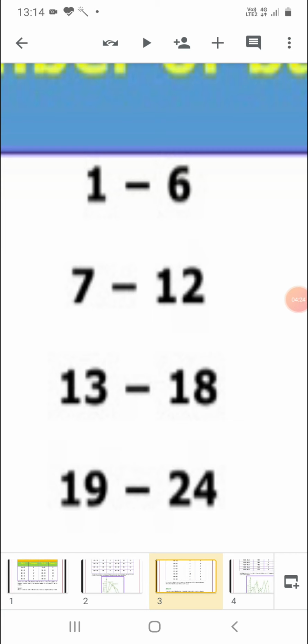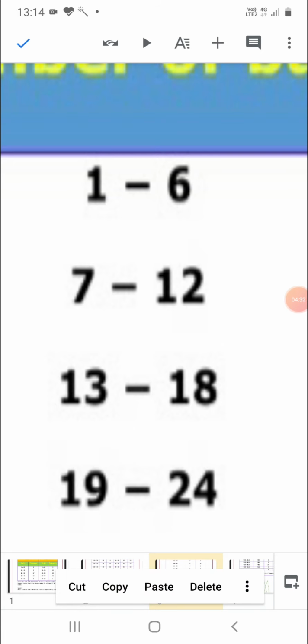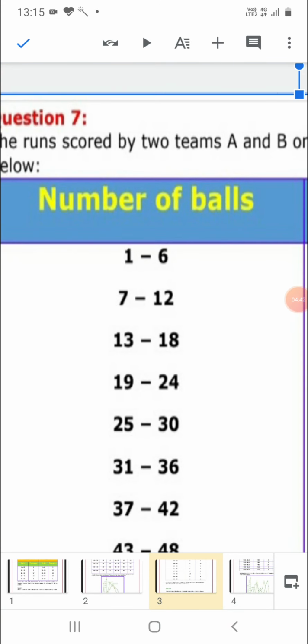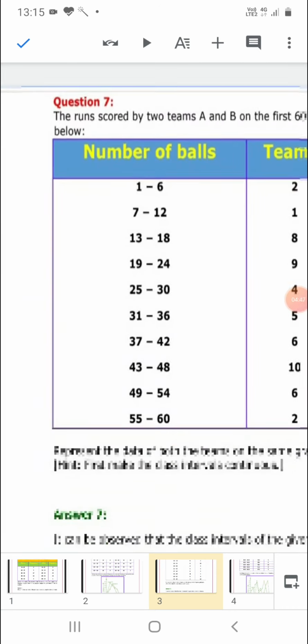Means 1 to 6, then 6 to 12 must be there, right? Means the upper limit of the first class will be the lower limit of the next class. But as you can see, the first class is ending with 6, so the next is starting with 7. The second is ending with 12, the next is starting with 13. So they are ending with different limits. That means the classes are discontinuous.